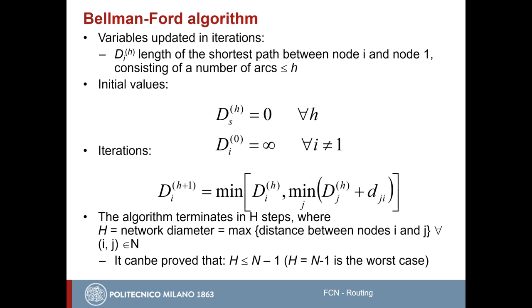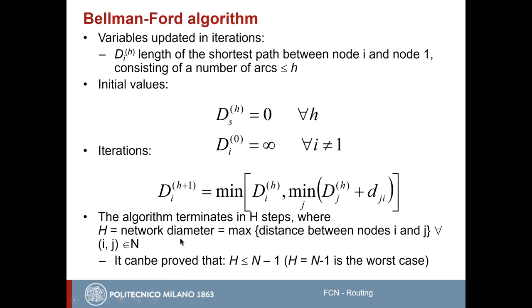The algorithm terminates in h steps, and this h is the maximum value that the variable small h will reach in the algorithm. What is h? It is equal to the network diameter: the maximum, over all pairs of nodes in the network, of the distances measured in hops, so in number of links crossed. You take all the pairs of nodes i and j, assuming that you know the minimum distance in terms of number of links crossed, and you take the maximum of these values.